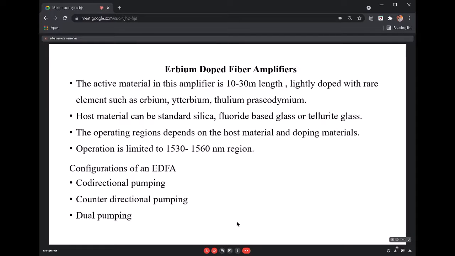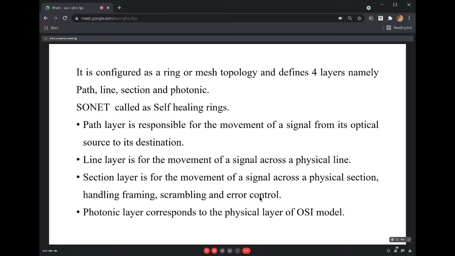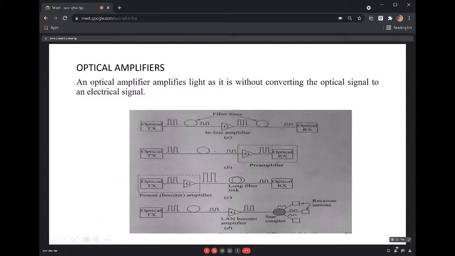Next, a generic optical amplifier looks like this: an optical input signal will be given to a medium. What happens here is fiber amplification. Basically an input signal, an optical input signal, will be there. Here we are saying there is an amplifier, right?